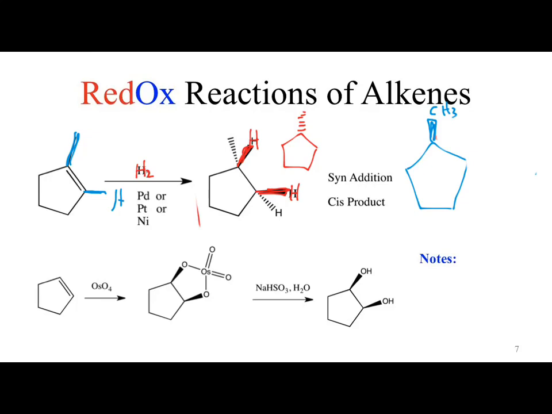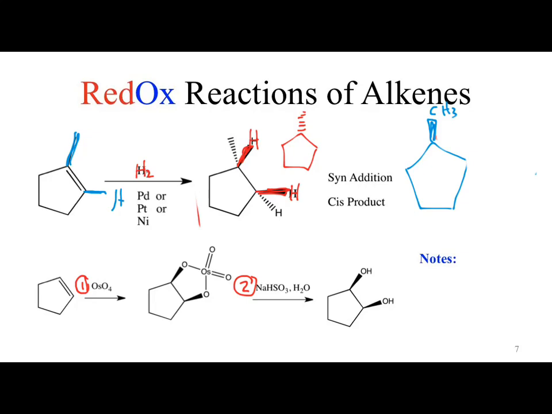So typically these would get written as a two-step process. You would see a 1, followed by step 2. You might see them stacked on top of each other over one arrow. So if I react an alkene with osmium tetroxide and sodium bisulfite, what happens?